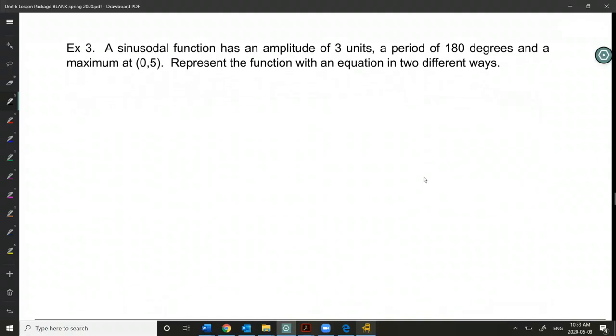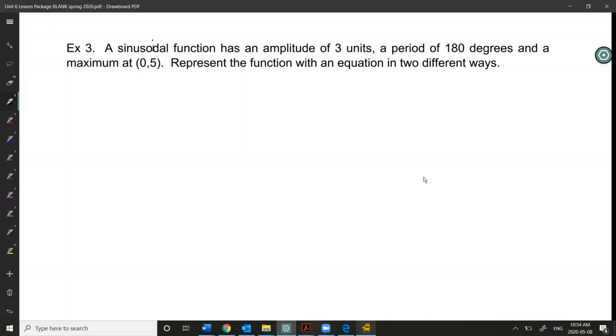Okay, so another way that you might be asked a question like this is you might be asked to come up with a sinusoidal function. Sorry, this should have an I in there. Sinusoidal simply means sine or cosine. It just means it's one of the periodic wave functions.